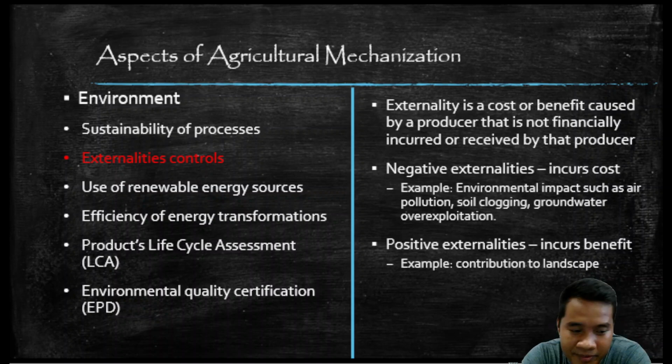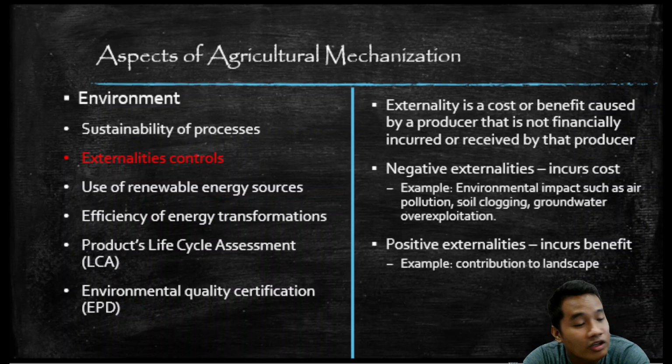Maybe it can be measured, but it is less considered, but still you have to consider this because this may cost you money or may benefit you and give you an advantage. For example, negative externalities incur cost. Example, environmental impacts such as air pollution, soil clogging, groundwater overexploitation.